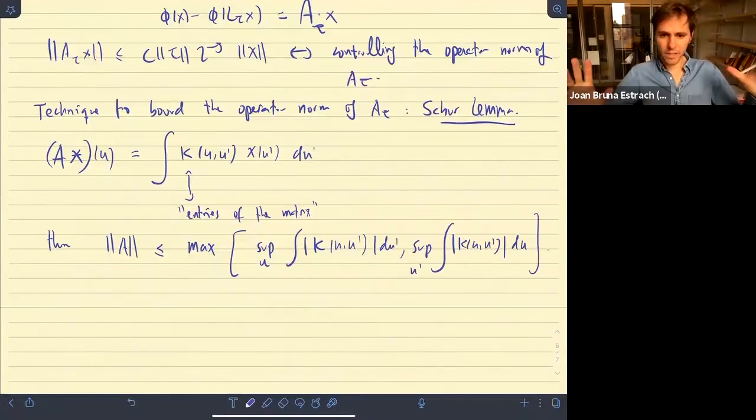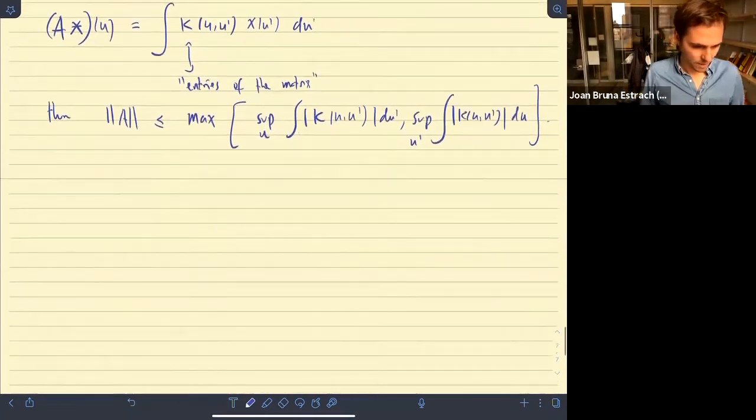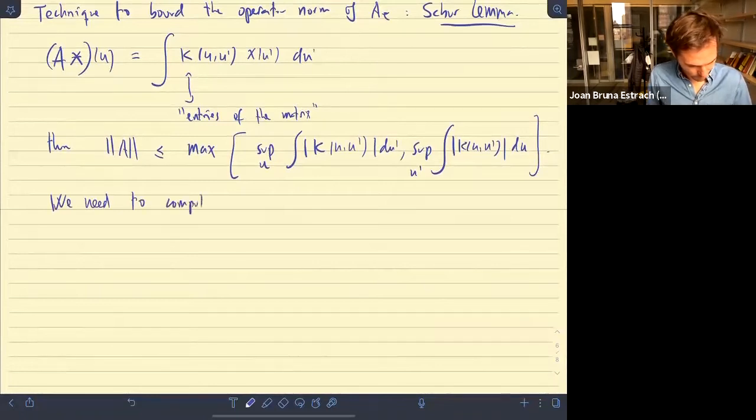So if I have a matrix, I can upper bound its operator norm by some kind of mixed L1, L infinity norm. That's what this is saying. So now we just need to compute the kernel K of u in our case.